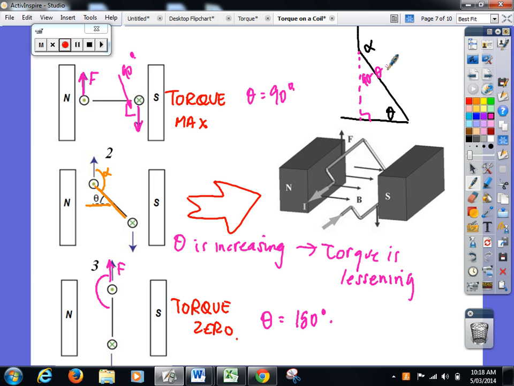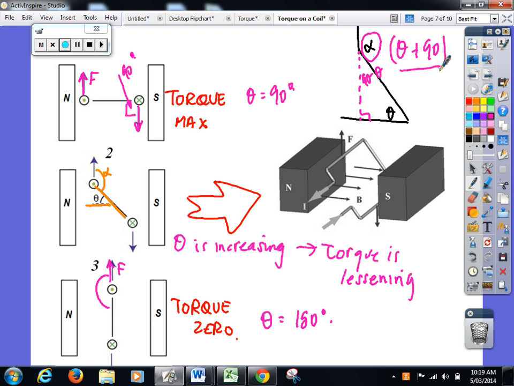It's the exterior angle, isn't it? So what's this in terms of theta? It's theta plus 90, isn't it? Okay, so it's theta plus 90.